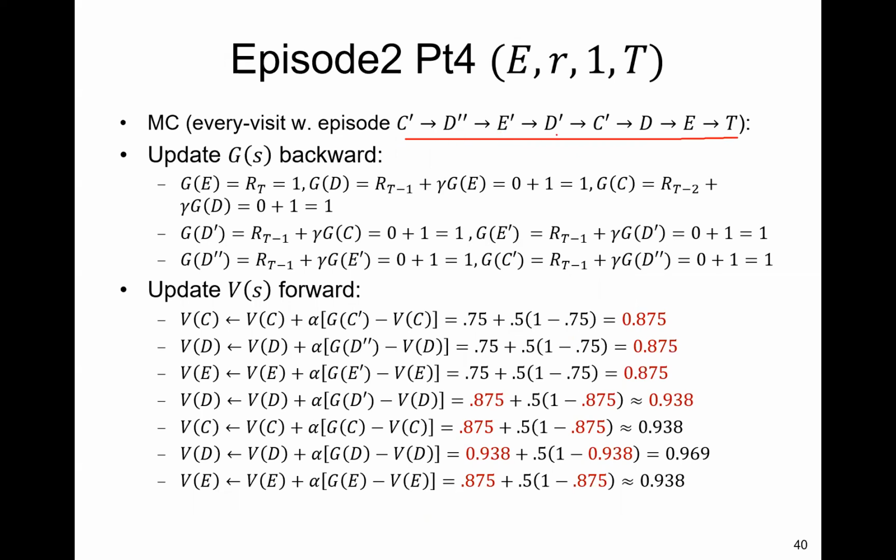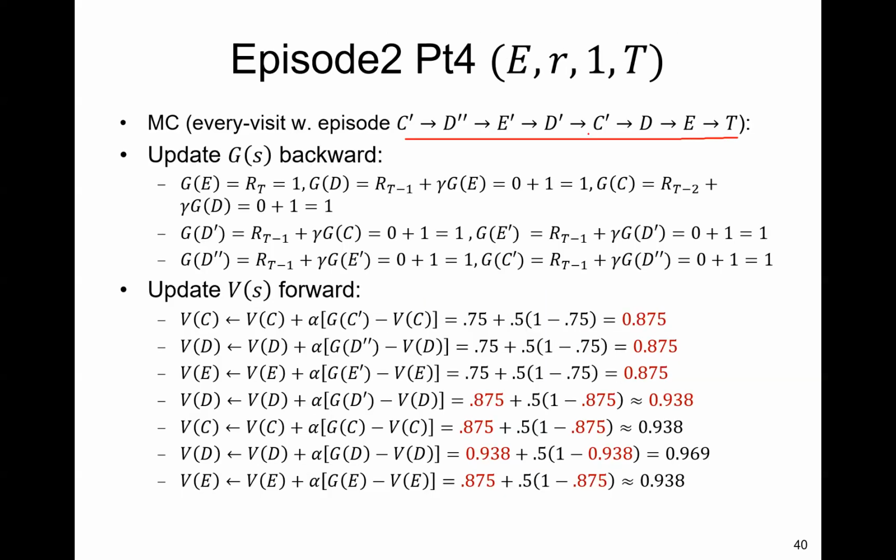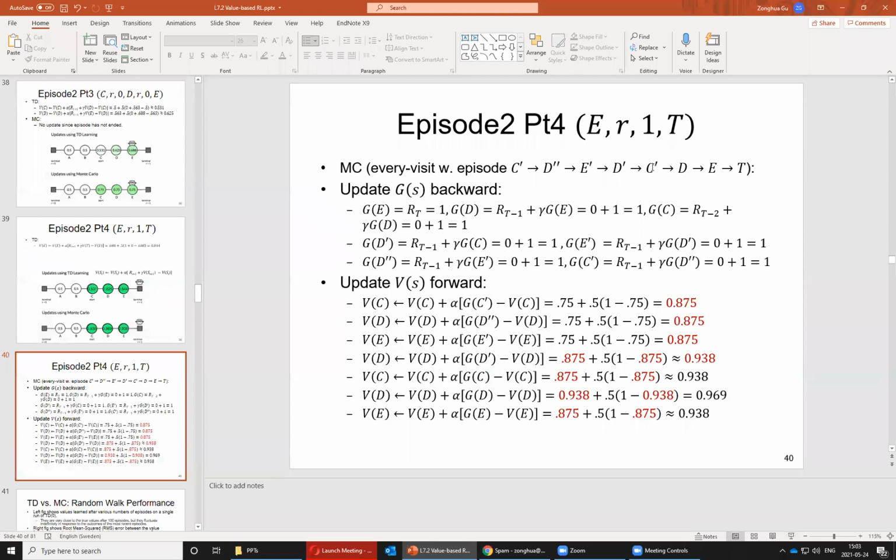The second visit as that should be C double prime. Okay, C is visited twice.